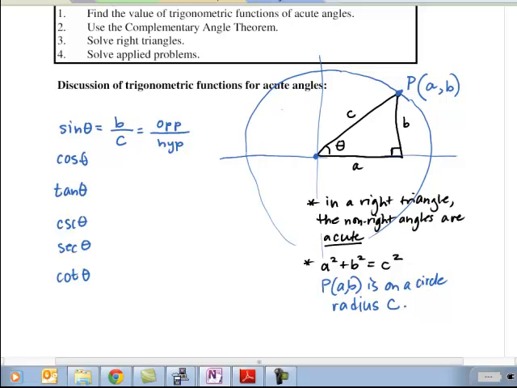And the cosine from this point on that circle, we take the x-coordinate, which would be A, the base of the triangle, divided by the radius of the circle, which is, in this case, the hypotenuse, which is C. And so what we're actually doing is the adjacent side to that angle theta divided by the hypotenuse.